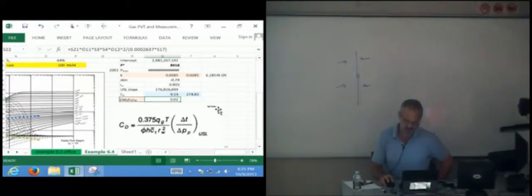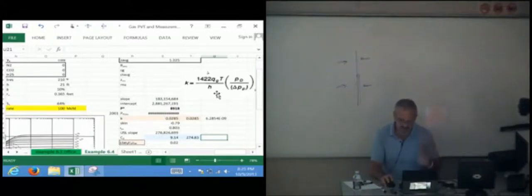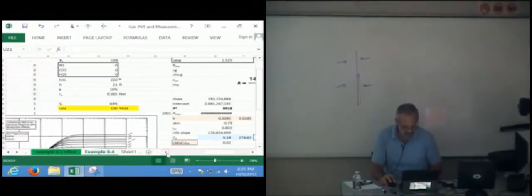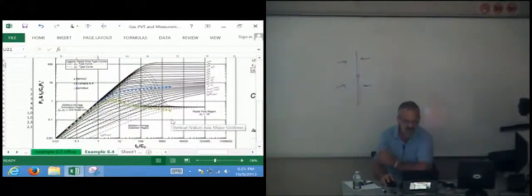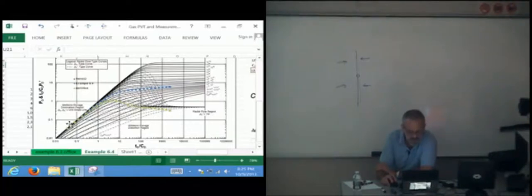I don't want to spend any more time trying to figure out what that problem is. There's one other thing we can get from our type curve. And right now, again, I have the best match I think I can get.